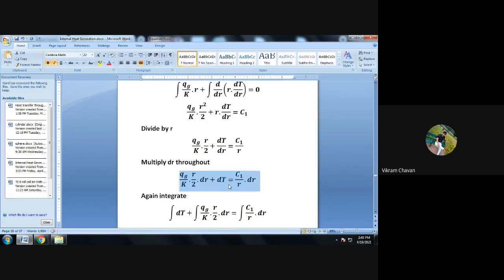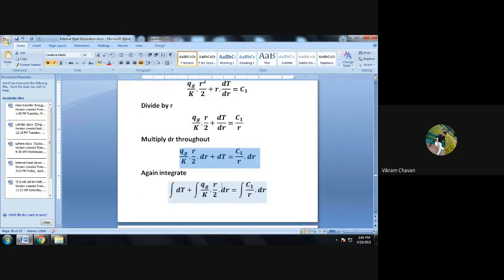Once the variables are separated, again you can integrate the equation very easily.